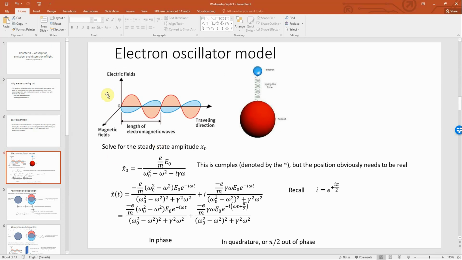Okay, so from Monday, we had this electron oscillator model. We had an electromagnetic wave that's propagating here on the left. It's traveling in the Z direction. It's polarized in the X direction. The magnetic field is polarized in the Y direction.